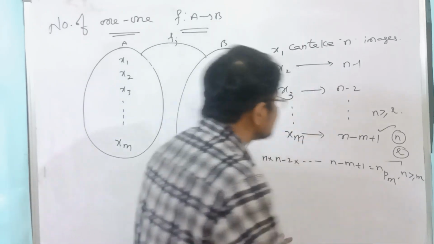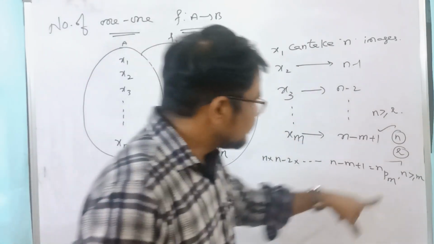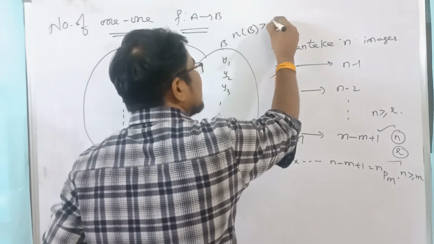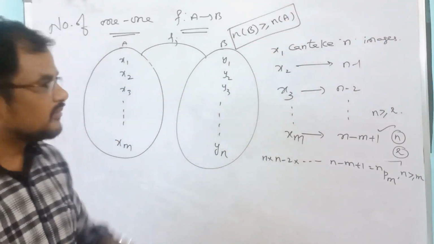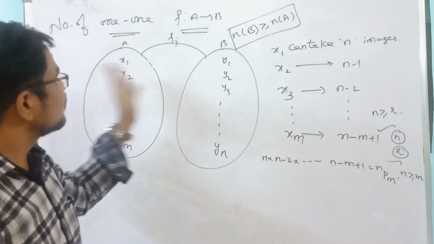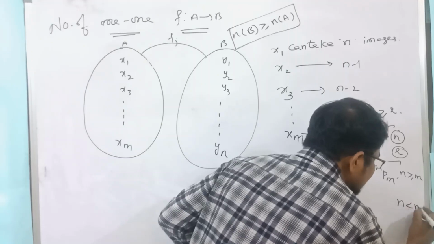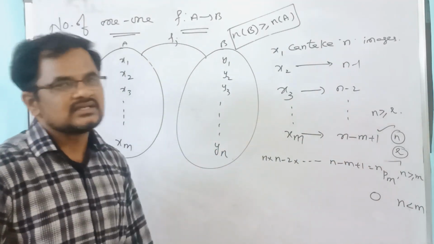This is the condition for 1 1. 1 1 functions exist whenever the number of elements in B is greater than or equal to the number of elements in A. Suppose n is less than m, then the number of 1 1 functions from A to B is 0.